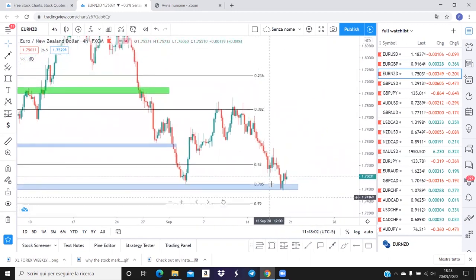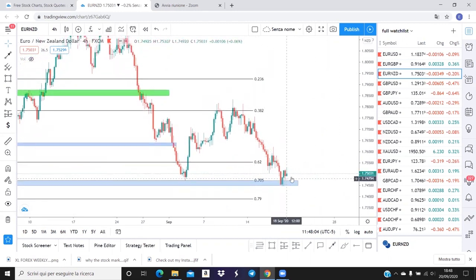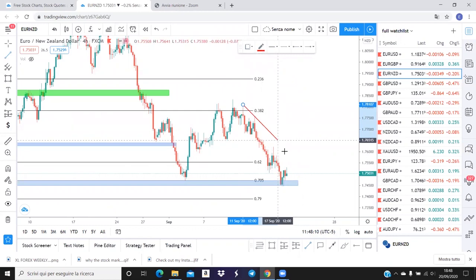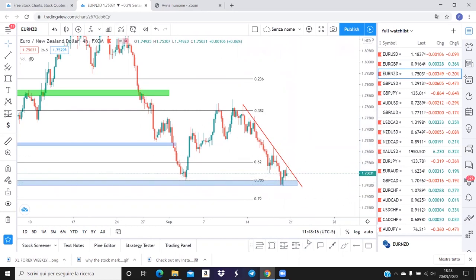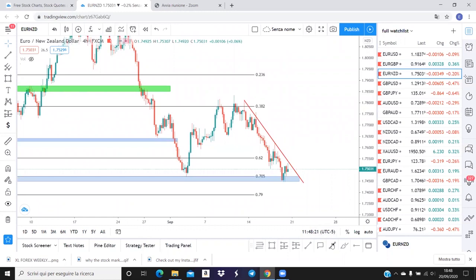So right now we could start expecting some bullish movement from here, but also we have to consider that we are on this downtrend on the 4 hours chart. So it would be perfect to see a breakout of this trend line. And as soon as I see a breakout, I will start considering some buys on Euro New Zealand.